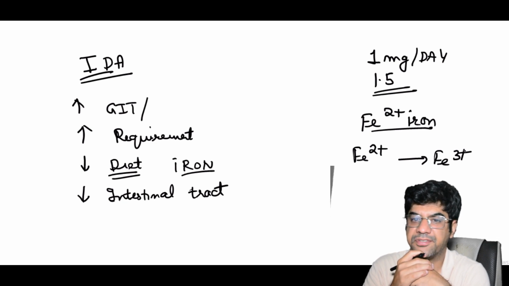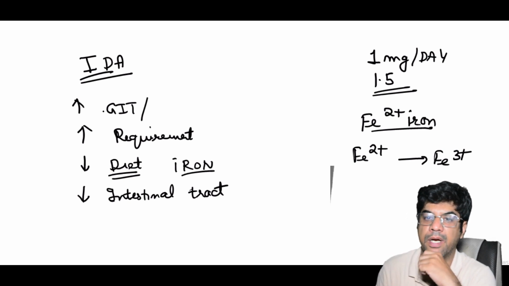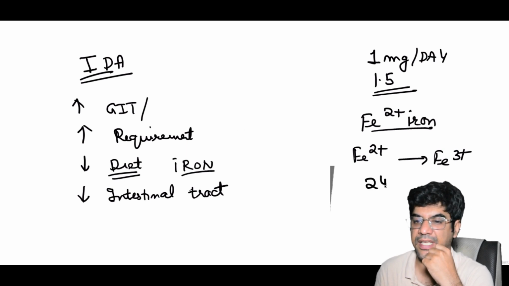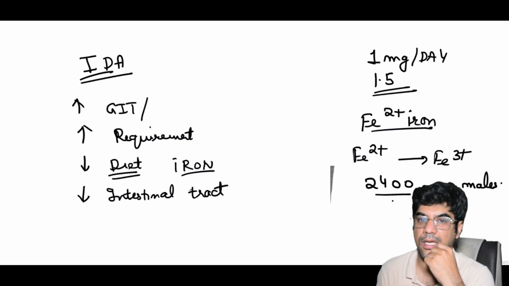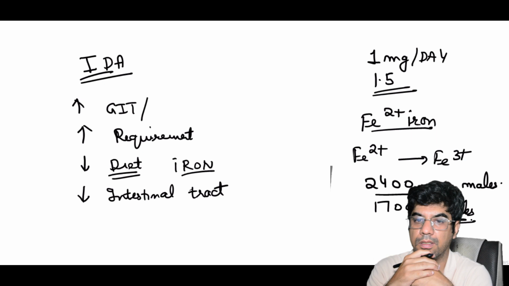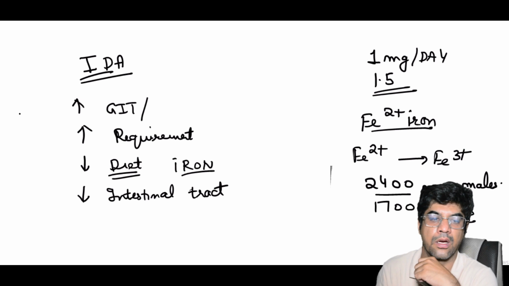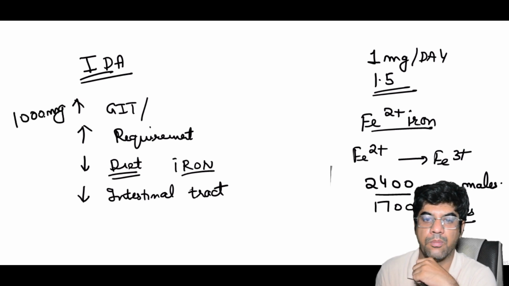The iron is transported to the bone marrow, where it is used for hemoglobin synthesis. Remember, the daily requirement for RBC synthesis is 2400 milligrams in males and 1700 milligrams in females. The reticuloendothelial cells store around 1000 milligrams of iron in the male and 300 milligrams in the female.